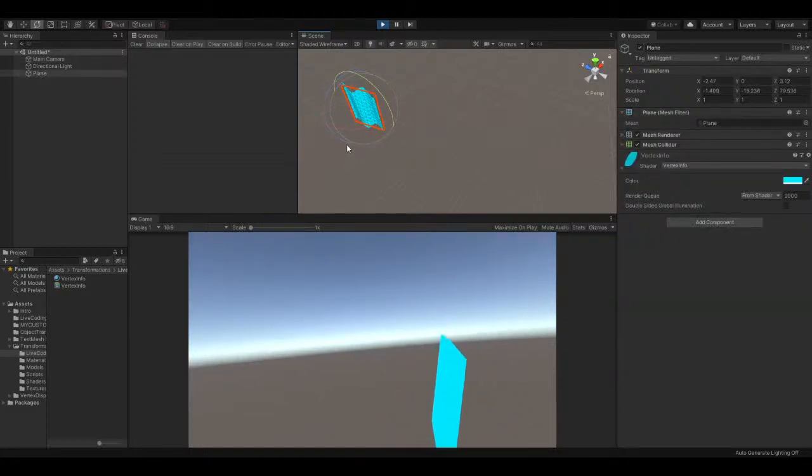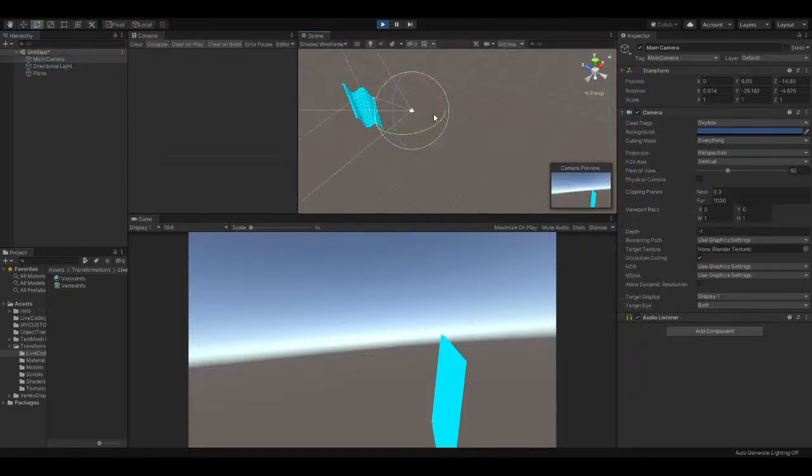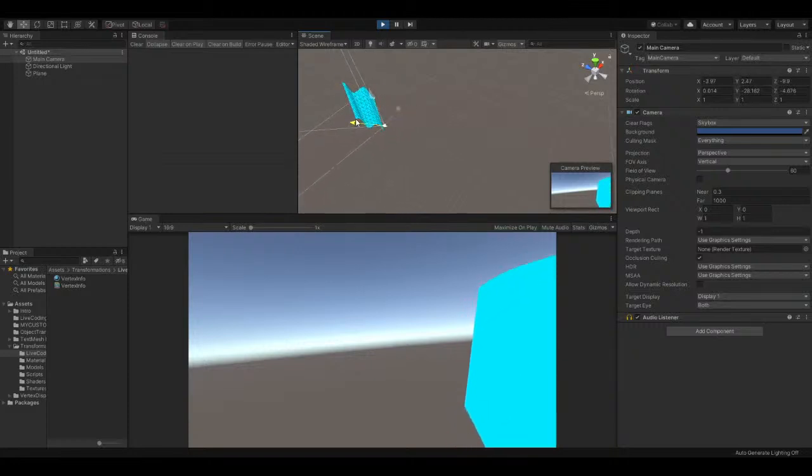You see that now it is just acting in a simple plane wave based on its relationship with the camera. Let me take it closer. So this is what happens when you transform an object in the view space.